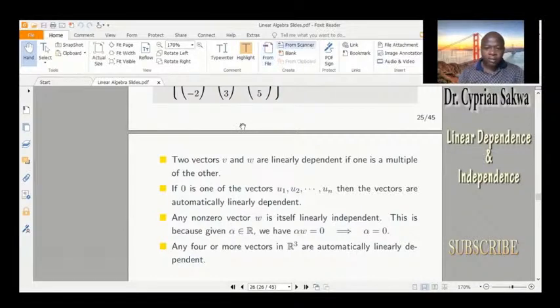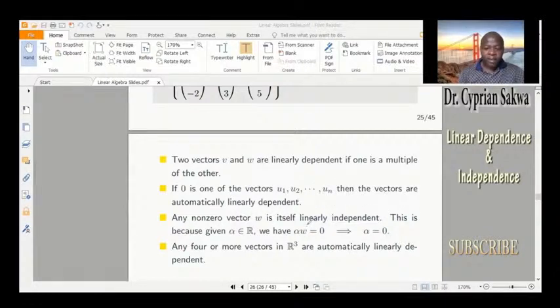For example, suppose we are given vector 1, 2, 3 as u, and then you are given v as 0, 0, 0, then you're given w as another vector, let me say 7, 5, 6. Then I would say that these vectors are linearly dependent because 0 is one of the vectors.